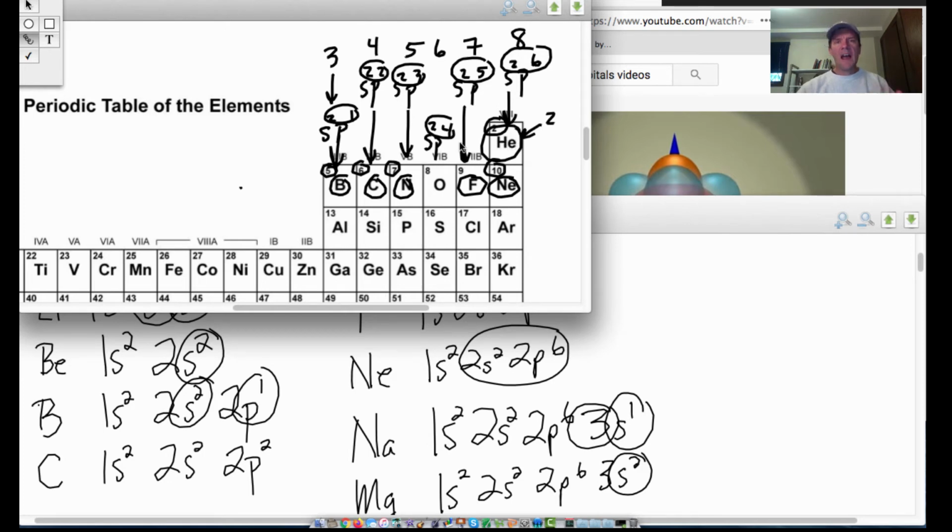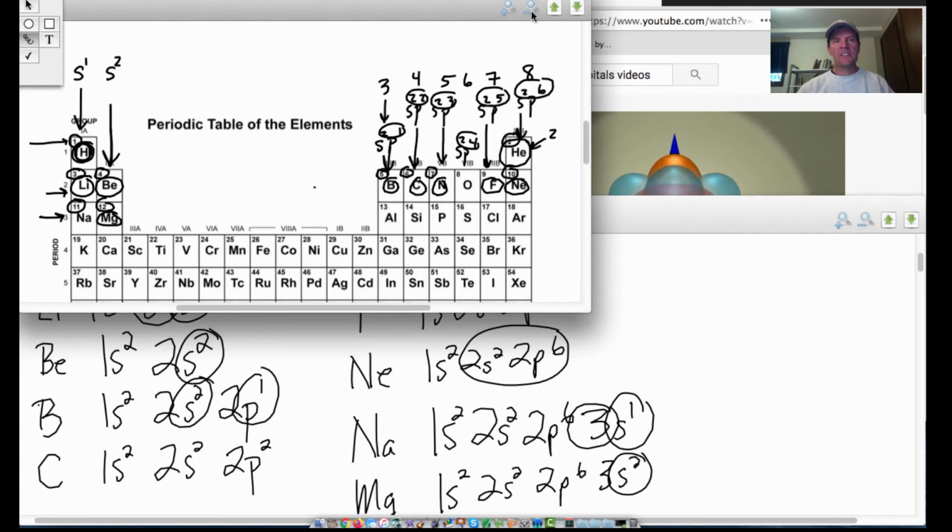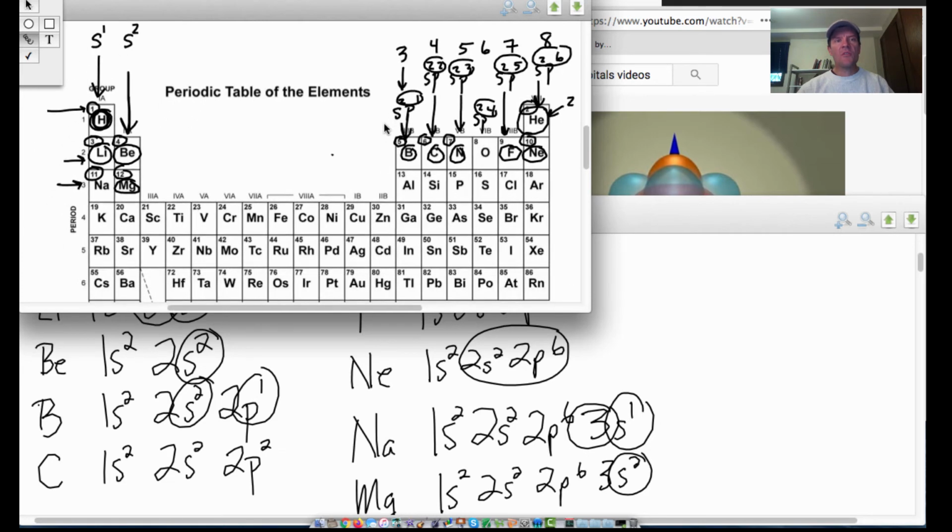So why is that important? It's important because when you look at this now, you start to understand, oh, that's why these elements in the same group, the same column, behave the same way. That's why they behave in a similar manner. That's why they're all in the same family.